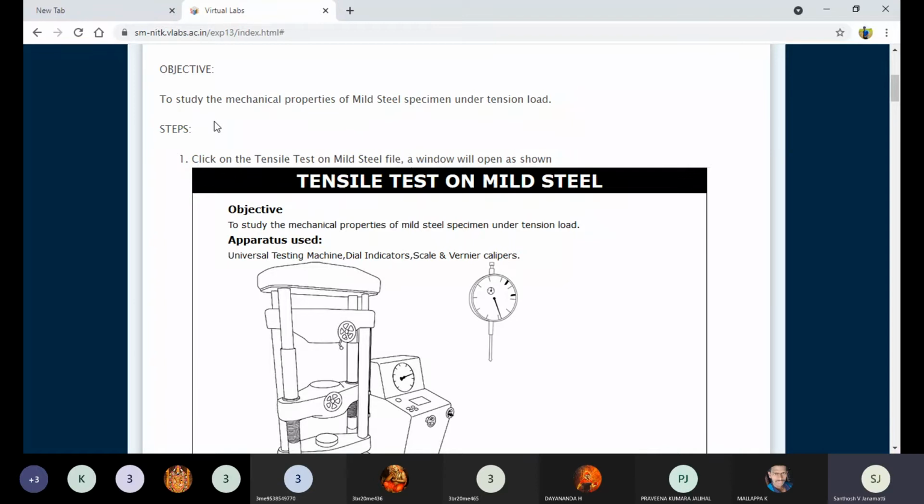We can also write the aim of this experiment: to determine the tensile strength of the given sample.